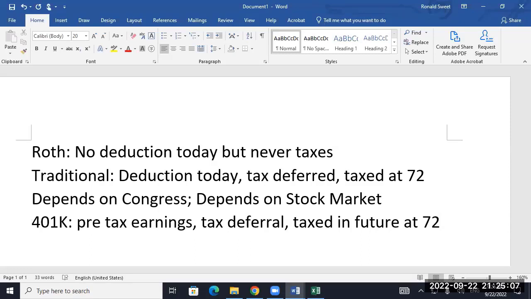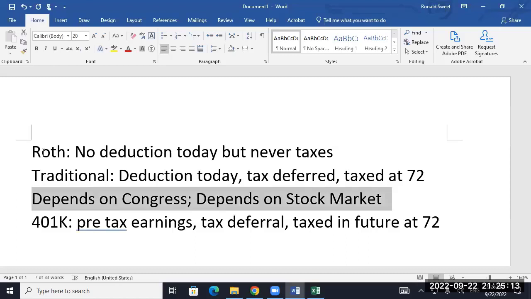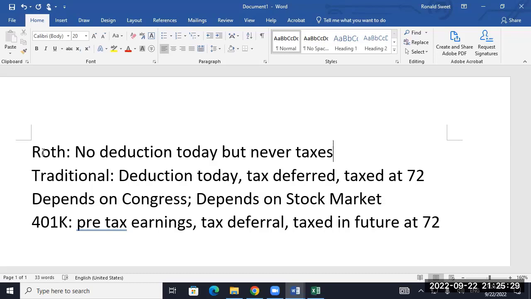It's almost an impossible stochastic model to set up, because you make certain assumptions about future tax rates, what the stock market's going to do, what Congress is going to do. They could change the 72 again. The nice thing with the Roth, you don't care about the 70, 72 and all. The IRS is like, hey, it's not taxable anyway. We almost don't care. So you've got a lot more flexibility with the Roth.